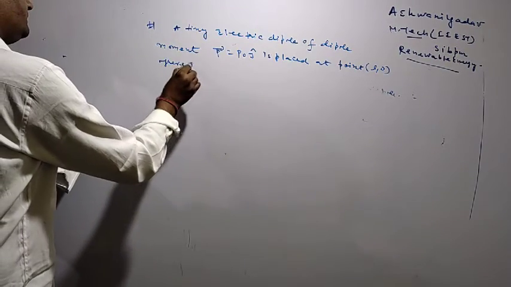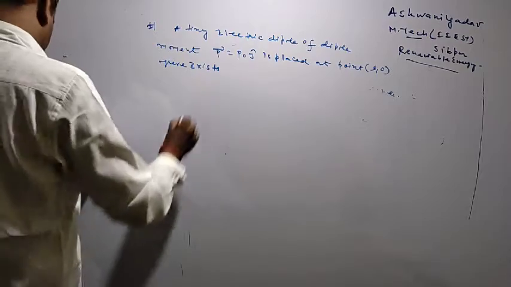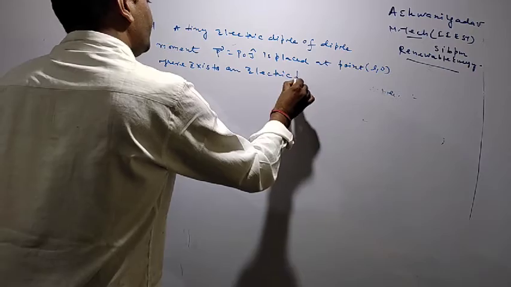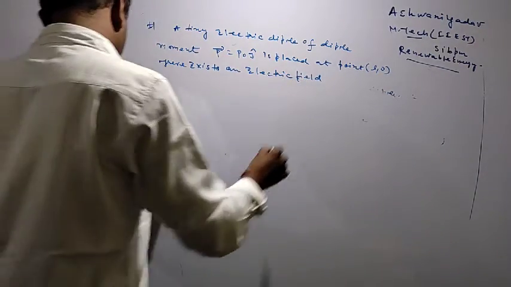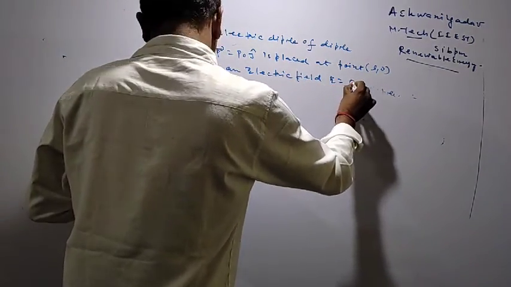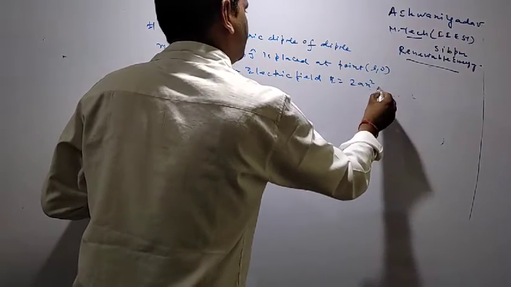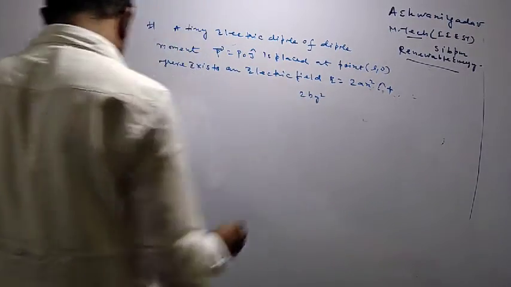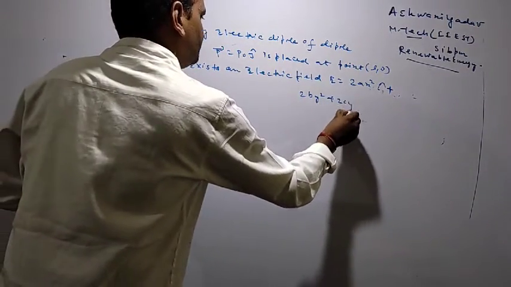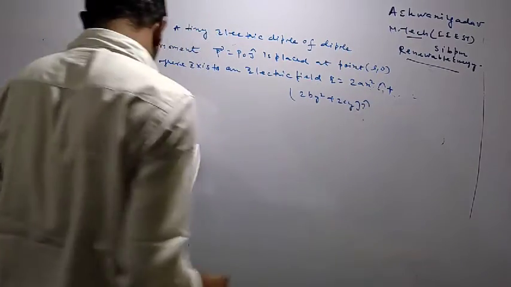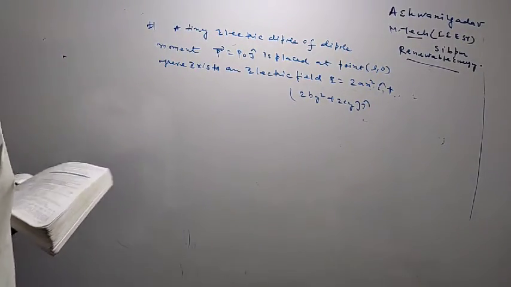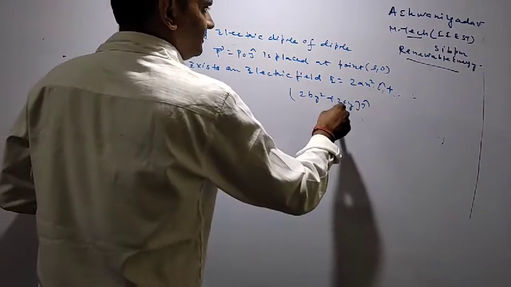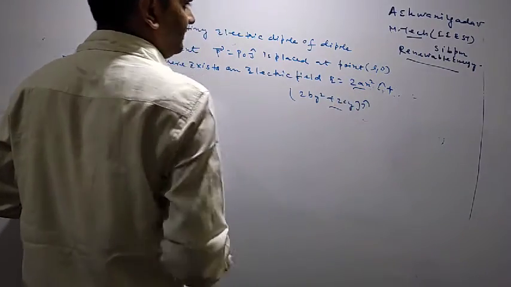And there exists an electric field E is 2ax square i plus (2by square plus 2cy) k. So again you have to find the force of interaction, the force on this electric dipole when placed in an electric field, again a function of x and y.